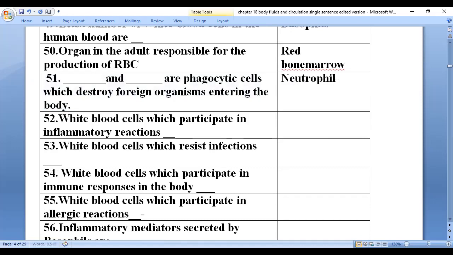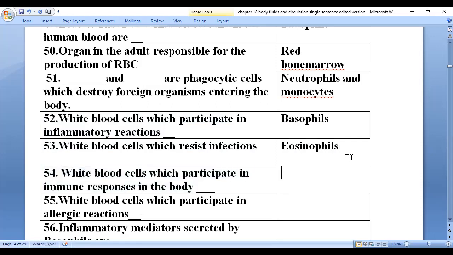Neutrophils and monocytes are phagocytic cells which destroy foreign organisms entering the body. White blood cells which participate in inflammatory reaction, basophils. White blood cells which resist infection, eosinophils.